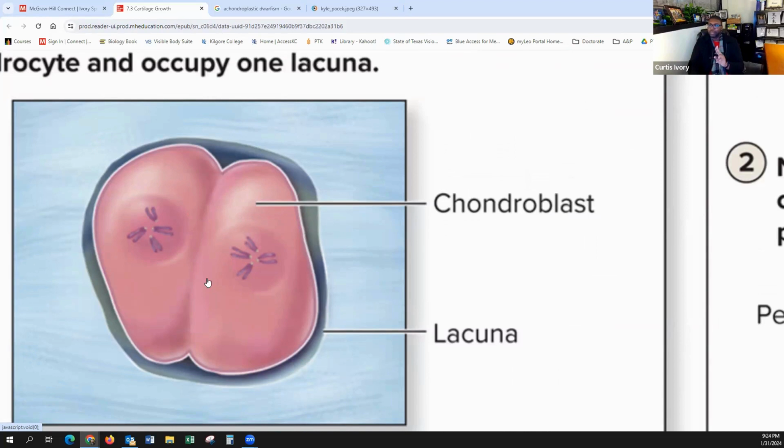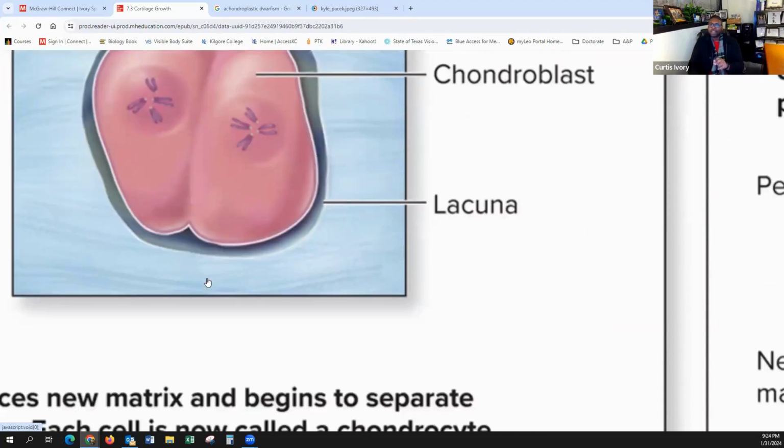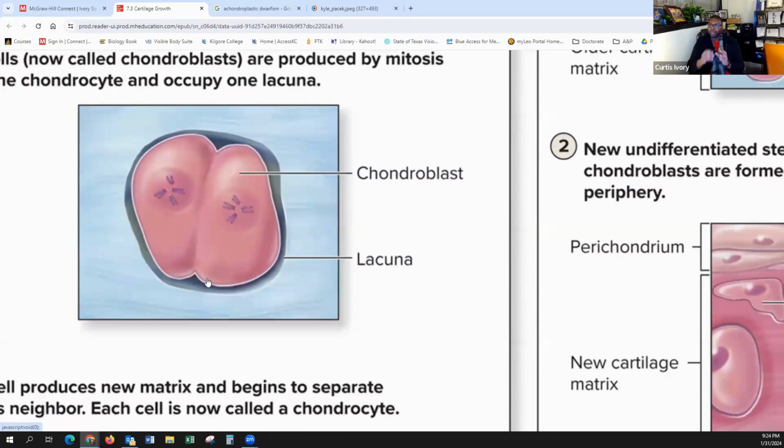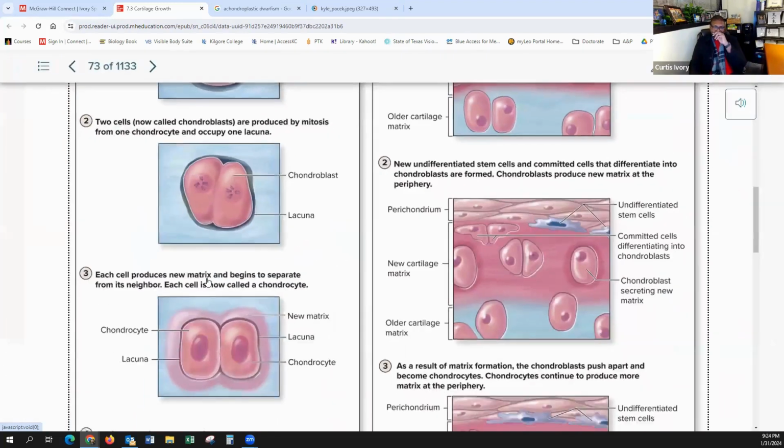So essentially, remember mitosis is going to duplicate the cell and split. One cell is going to split into two cells. And this is actually how they grow. This is how your chondrocytes grow. They take one cell and split into two, and then those two split into two, and they just keep going and going and going. And that's essentially how they grow.